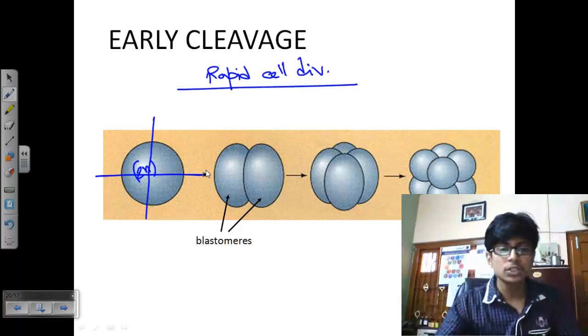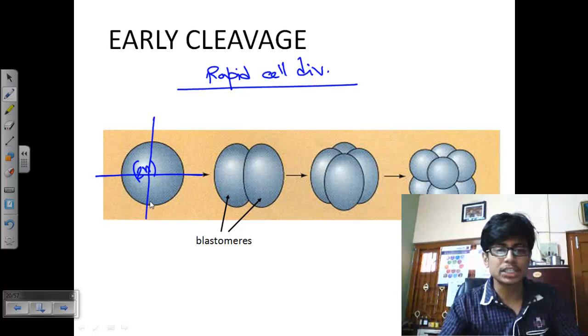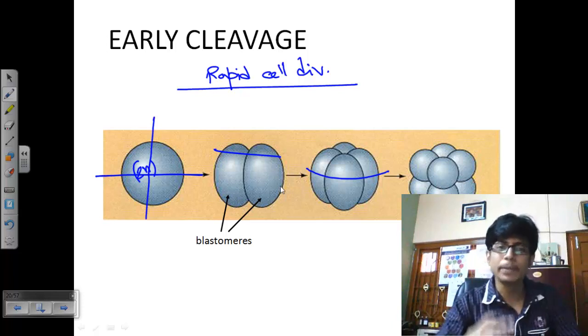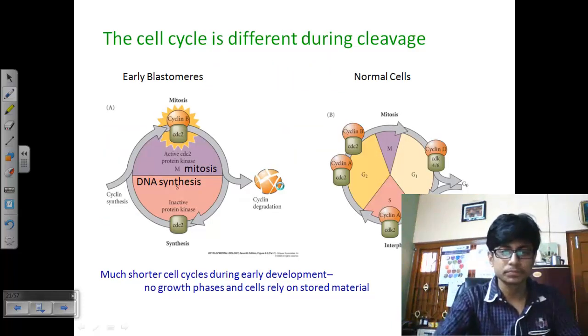So see here, it is a vertical division, and now it gets 2, then again another vertical division at this angle, and we get 4, and so on. After this division, we have a horizontal division to get 8. So this is the way rapid division slowly starts to work.